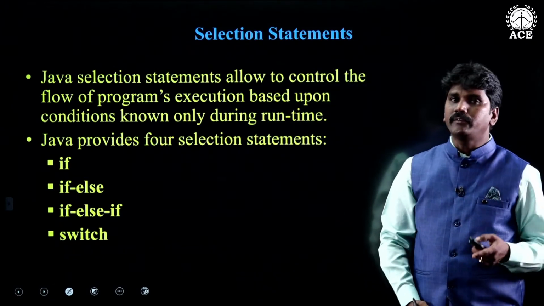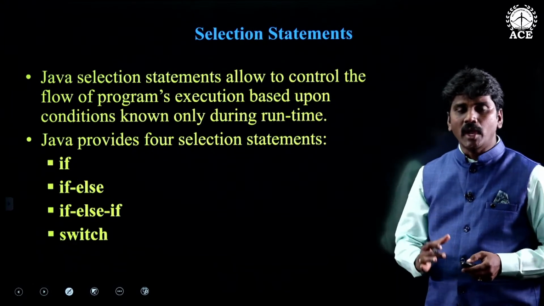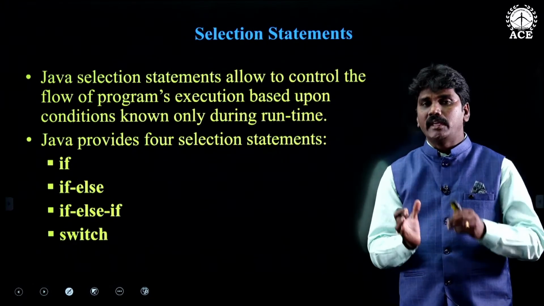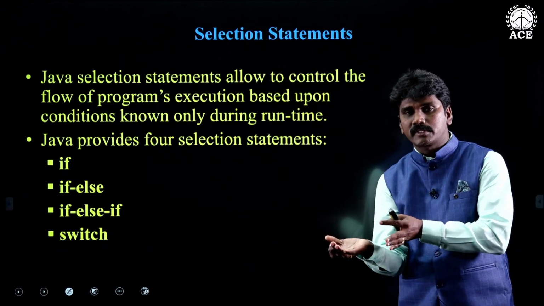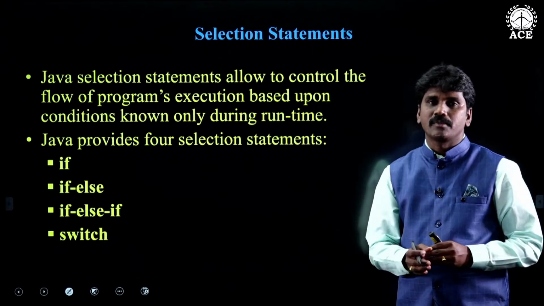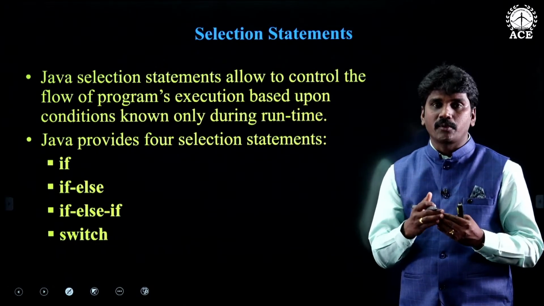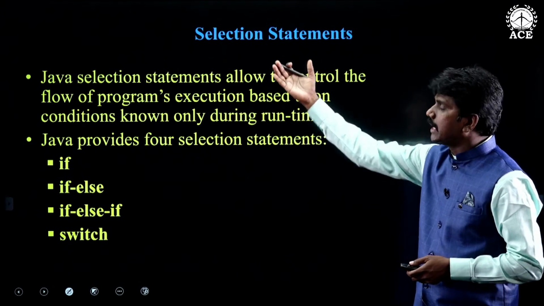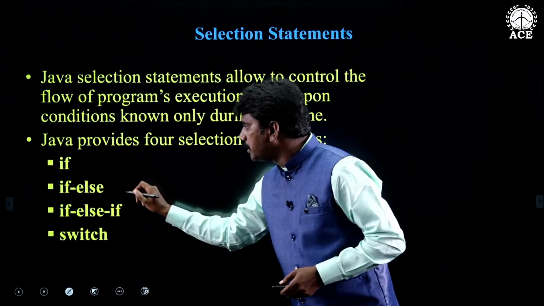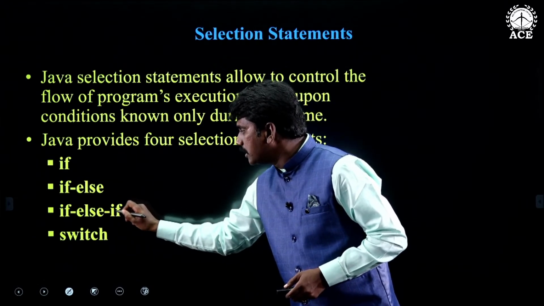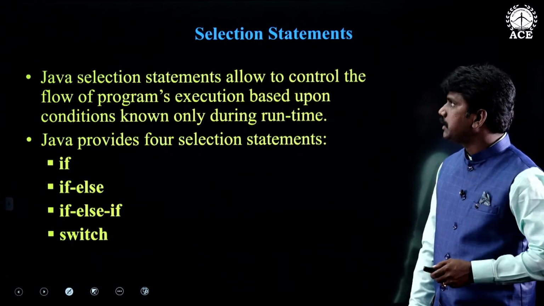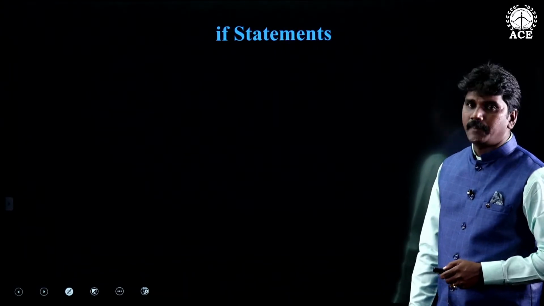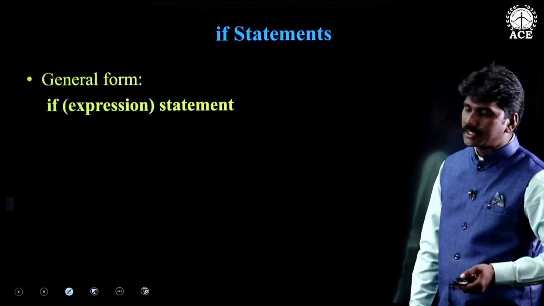While execution of the program, whether one block of statements is to be executed and another block of statements is to be skipped, such conditions are going to be checked in the selection statement. For that we can use if else, if, switch statement, and also the nested if we can use. The first one, if statement, let us understand how the if statement will be.